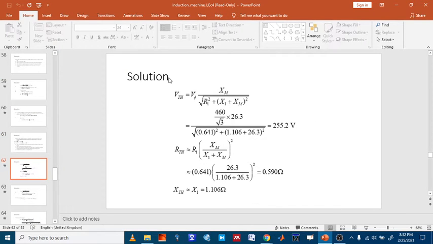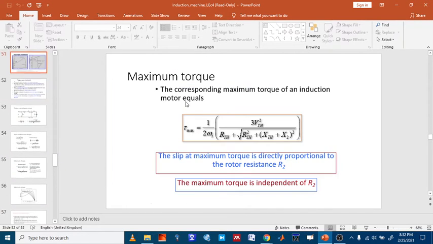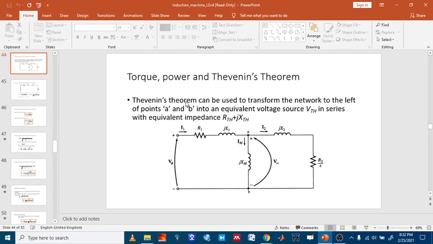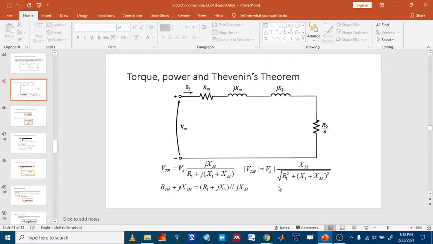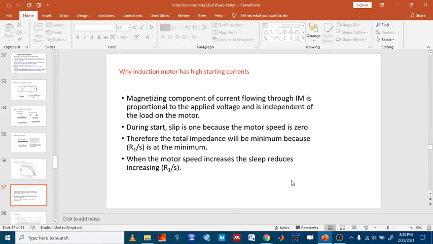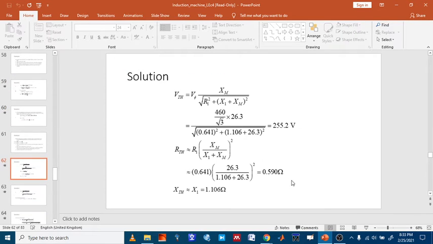For VTH, going to Thevenin's theorem, VTH is given by V phase times XM, all over the modulus of the impedance, which is the square root of R1 squared plus X1 plus XM, all squared.